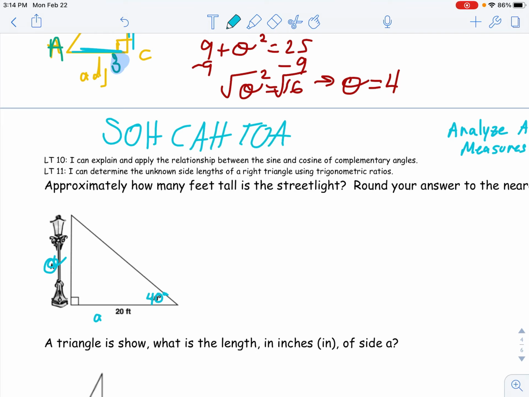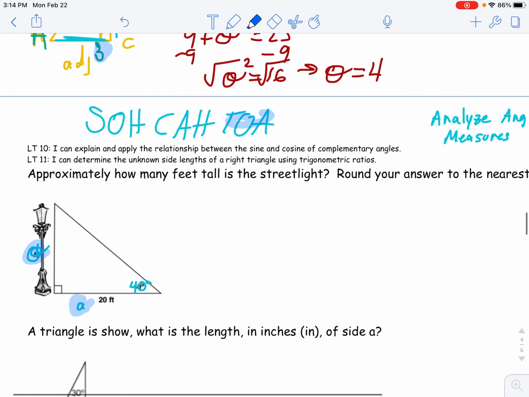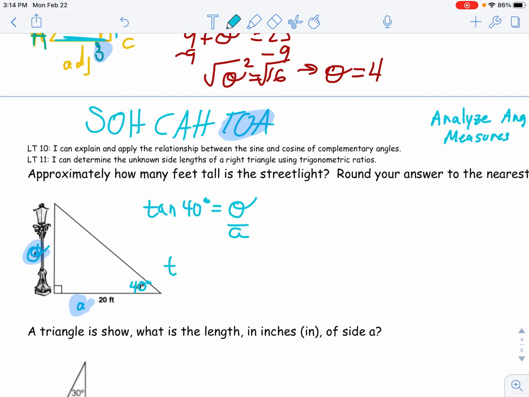All right, now thinking which trig function uses opposite and adjacent? Well, that's TOA. Tangent is opposite over adjacent. So tan of 40 degrees is going to be the opposite over adjacent. So let's actually plug in numbers.